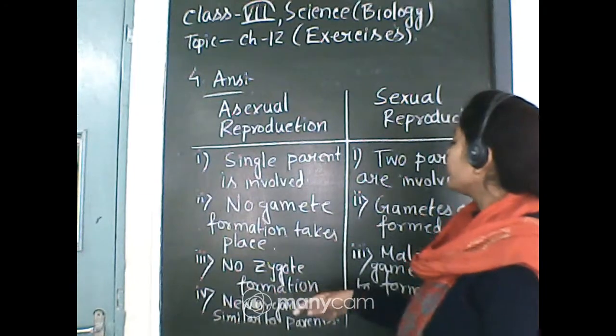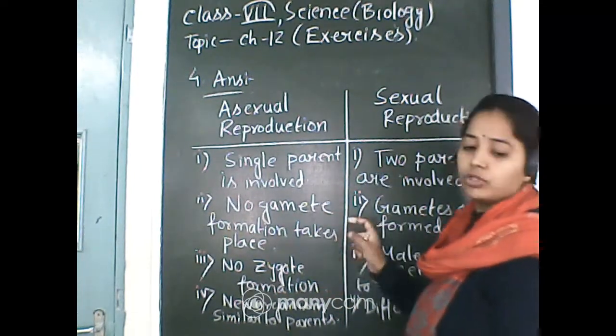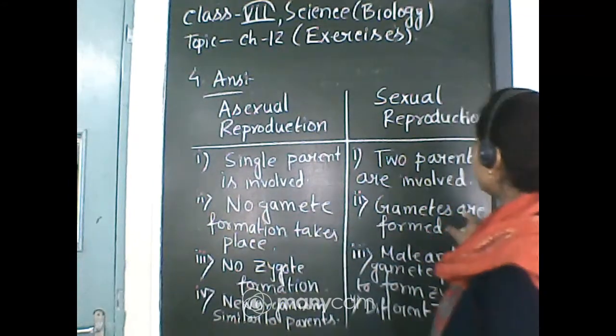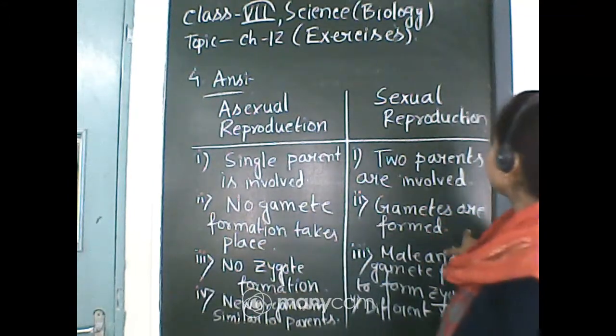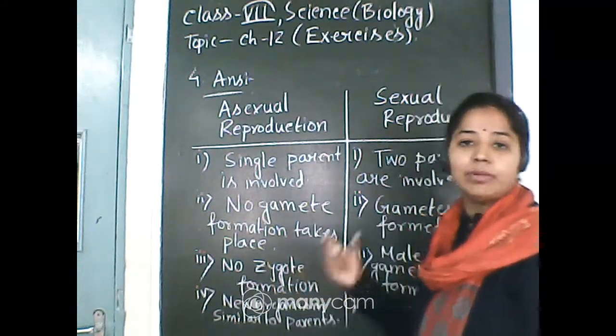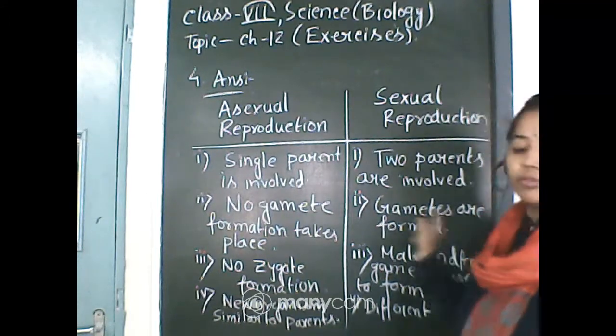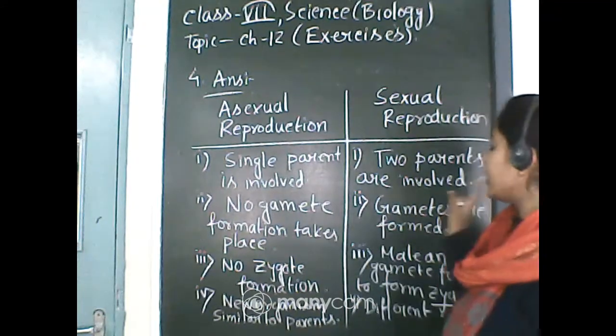As there is no gamete formation in asexual reproduction, no zygote formation will be there, but in sexual reproduction the male and female gametes fuse to form a zygote.